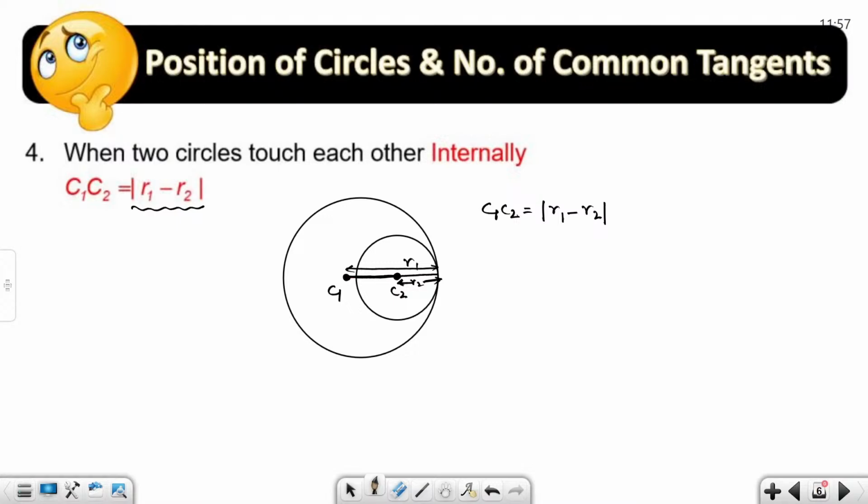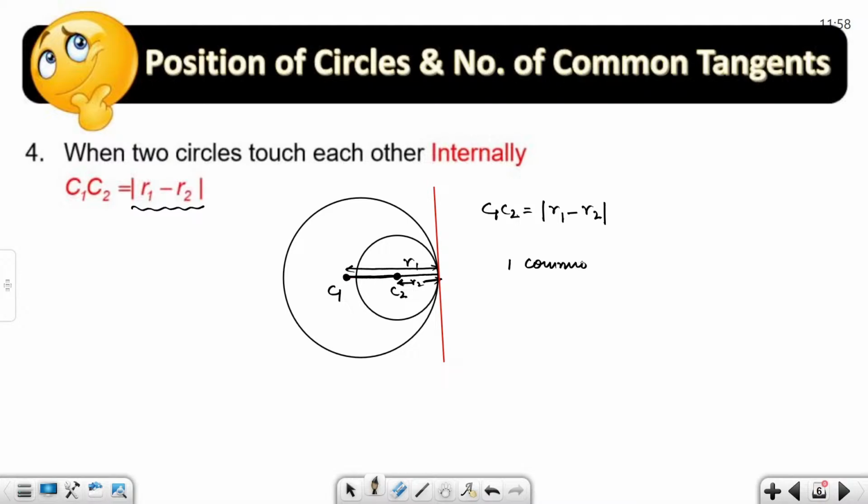The condition is that the distance between their centers is always equal to the difference between their radii. Is it clear? Now the second question is, how many tangents are possible? We can see there is only one common tangent. Am I correct? So there is only one common tangent.